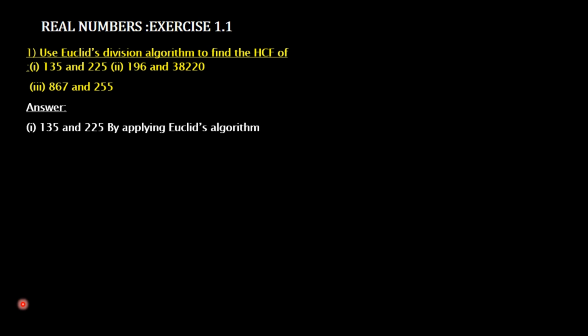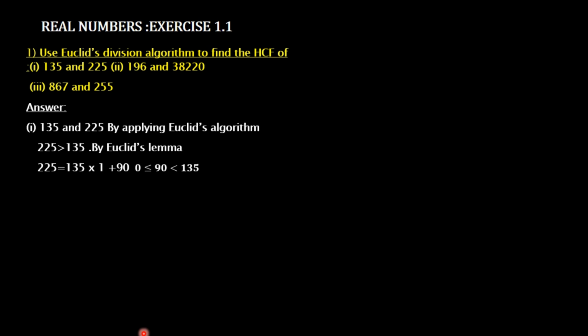Then by applying Euclid's division lemma to these two numbers, we see that 225 equals 135 into 1 plus 90. You can do it by mind calculation or by the division method. 225 equals 135 into 1 plus 90, 0 less than or equal to 90 less than 135.